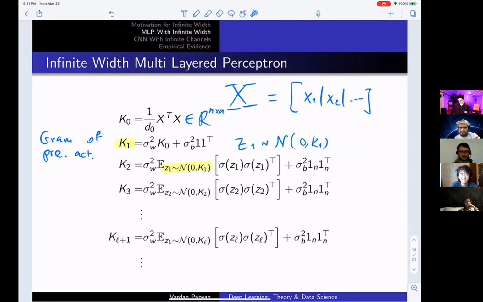How does infinite layers work? Yes, so I'm not going to discuss the infinite layers in the lecture. But basically in infinite layers, you would write K at layer L plus 1 as a function of K at layer L, based on these equations.